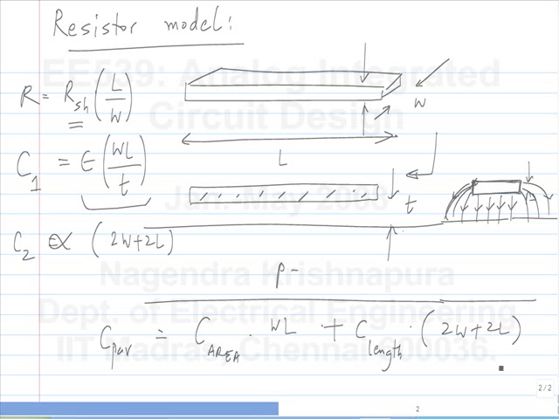So if you have a long and skinny resistor, the fringing capacitance can be significant, okay. So in general, for very thin wires, the fringing capacitance is a significant part of the parasitic capacitance.